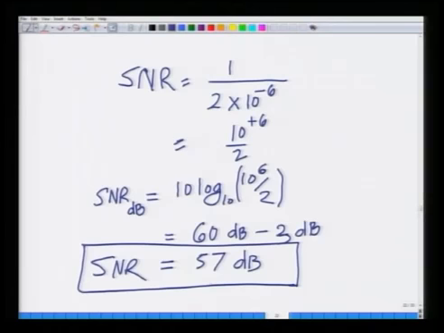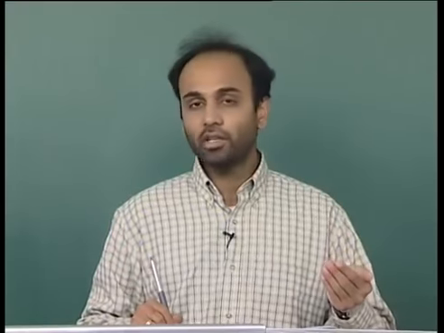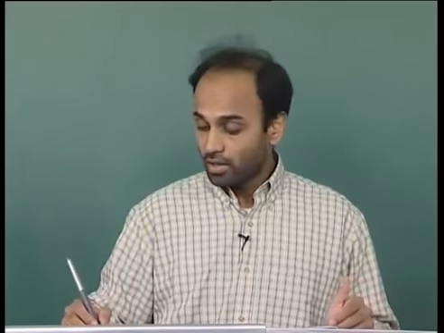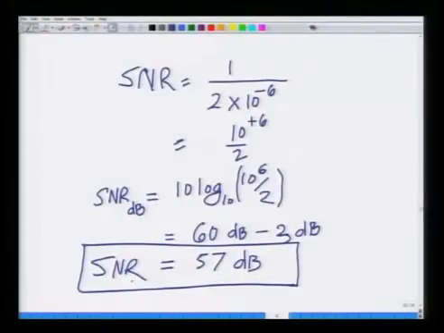So, look at what we have achieved so far. We computed the SNR required to achieve a probability of bit error 10 power minus 6 in a wired communication system, that was 13.6 dB. The SNR required to achieve a bit error rate of 10 power minus 6 in a wireless communication system is 57 dB.